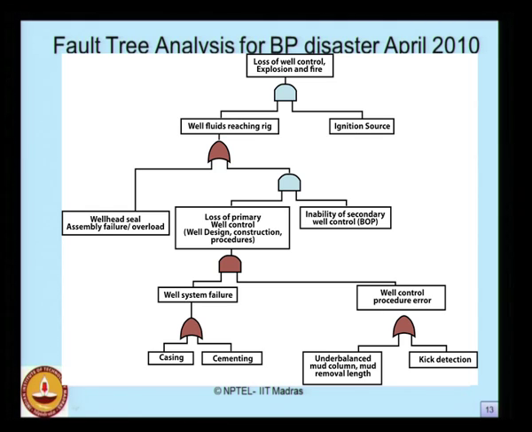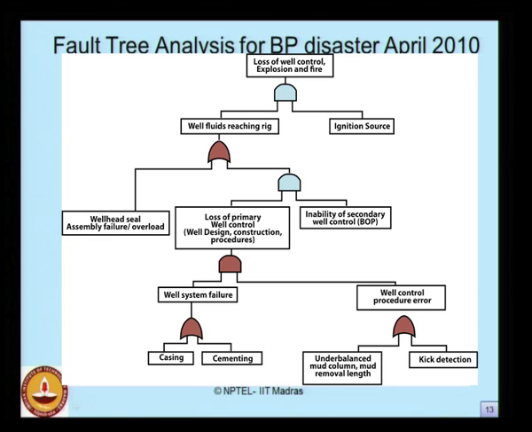When you look at the loss of primary well control, or the well design and construction procedures, this can also be due to well system failure or well control procedure errors. Put together, these result in loss of primary well control. The well system failure can be due to either casing failure or cementing failure.